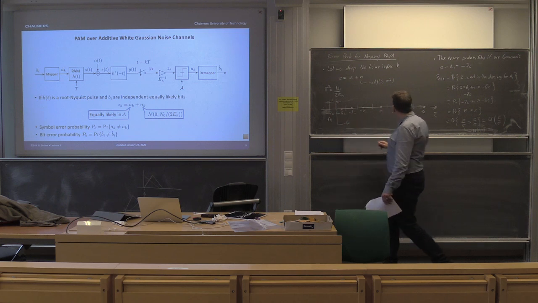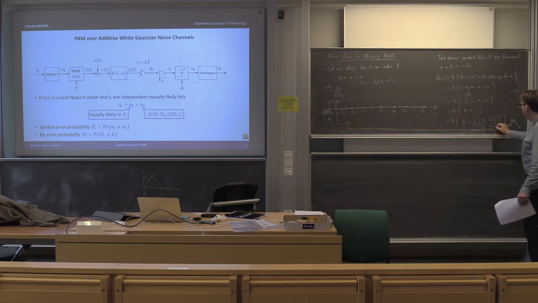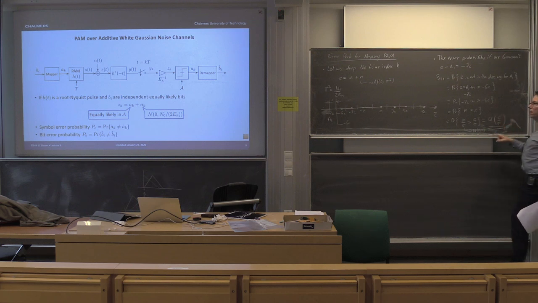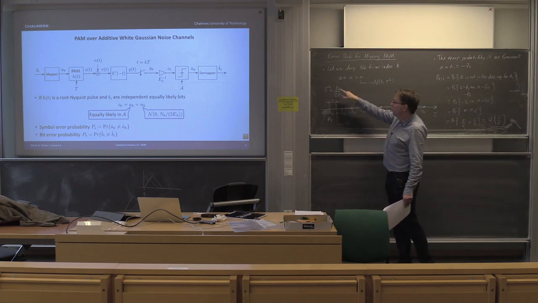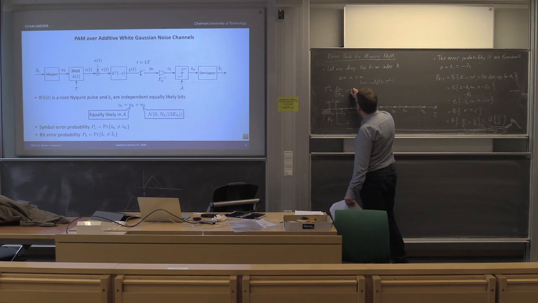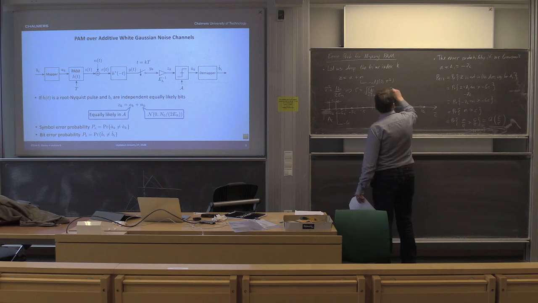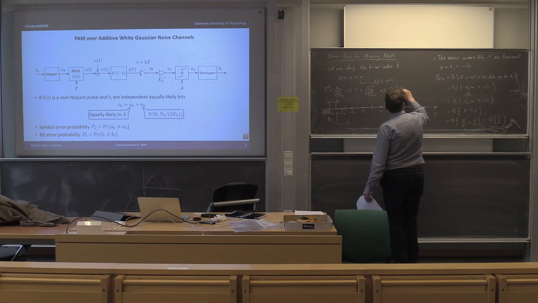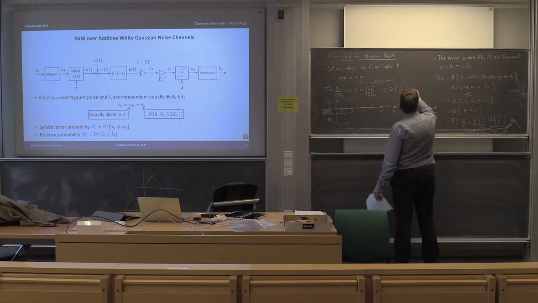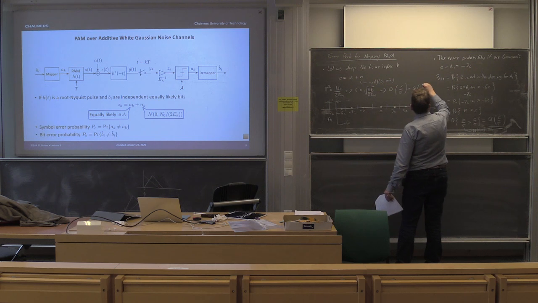And that happens to be very simple: the Q function of C divided by sigma, where sigma is the square root of N naught over 2EH. So the Q function of C over sigma is the Q of the square root of C squared over sigma squared.